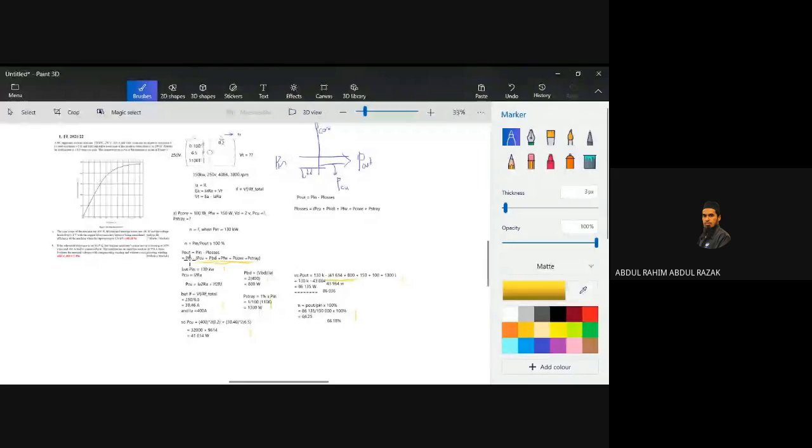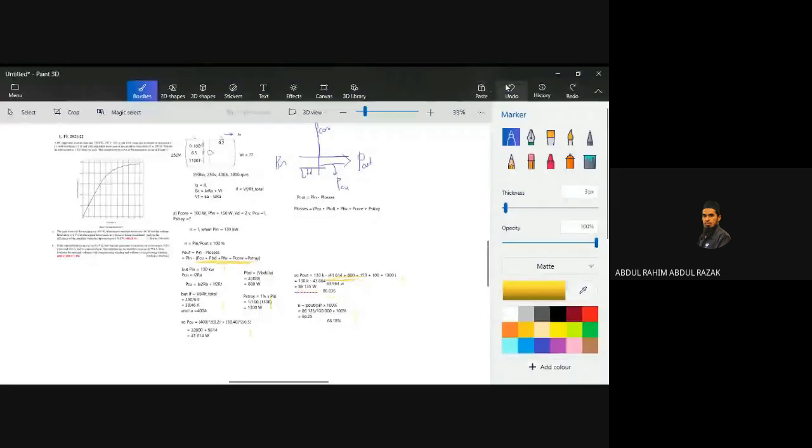Jadi kalau kita tahu you pakai formula ni, but you have a type error somewhere, and end up your answer is wrong, or your deviation values, so still we have to buat.